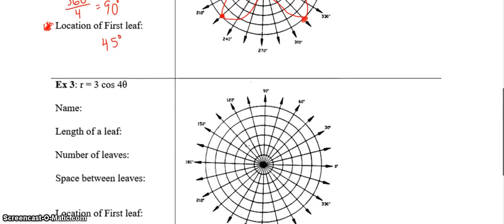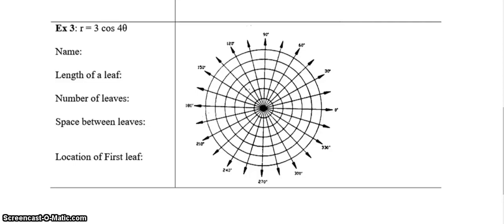So let's look at that over here in example 3 first. Walk through the whole thing. So again, no addition and subtraction. Not 1 theta, just something other than 1. So we've got a rose. The length: what's the coefficient of the trig function? Number of leaves: is the coefficient of theta odd or even?